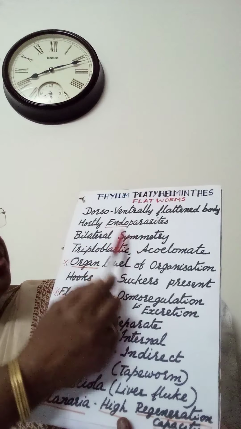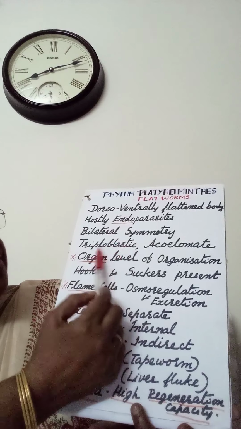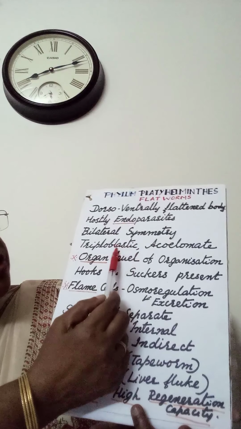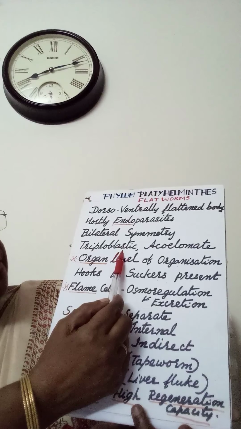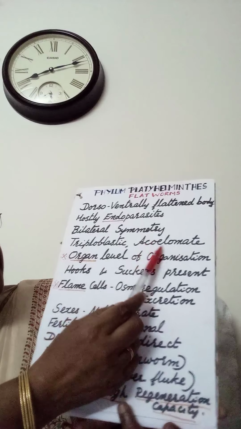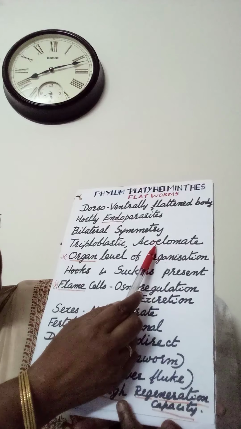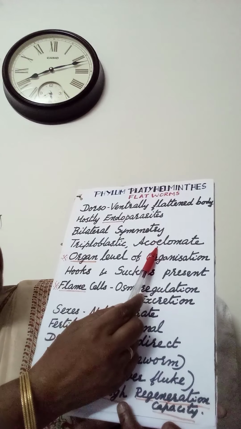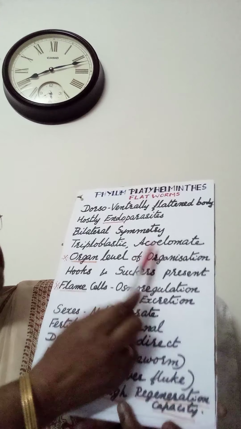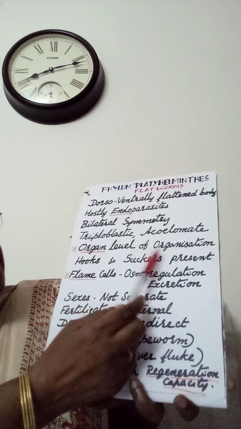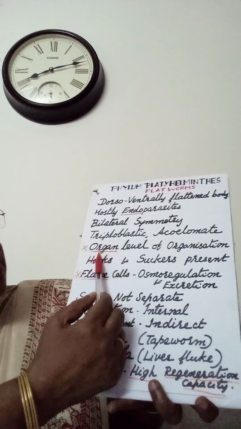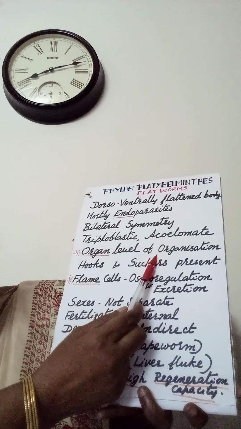The symmetry of Platyhelminthes is bilateral symmetry. They are triploblastic, 3 layers will be there, ectoderm, endoderm and mesoderm. They are acoelomate. Acoelomate meaning they have no body cavity. Next, level of organization. That is organ level of organization.